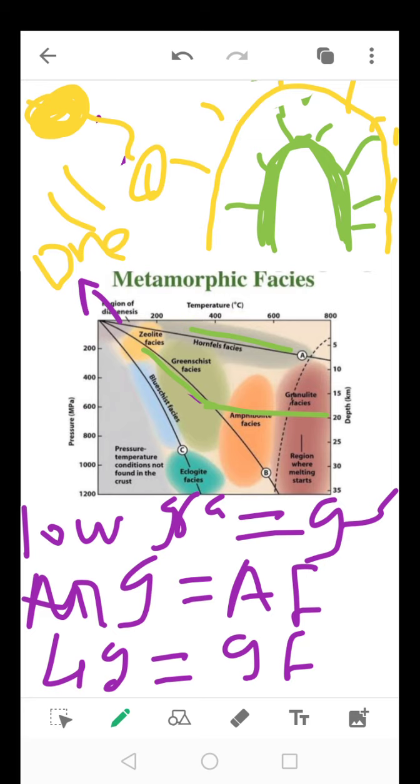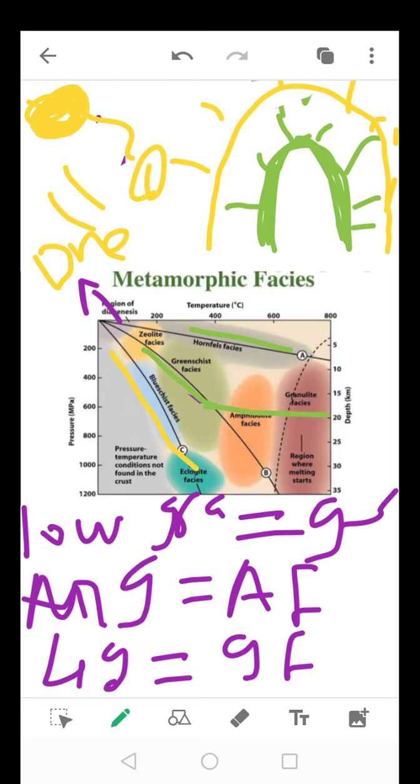But when we start to talk about regional blueschist and eclogite facies, these are the subduction zone metamorphism.